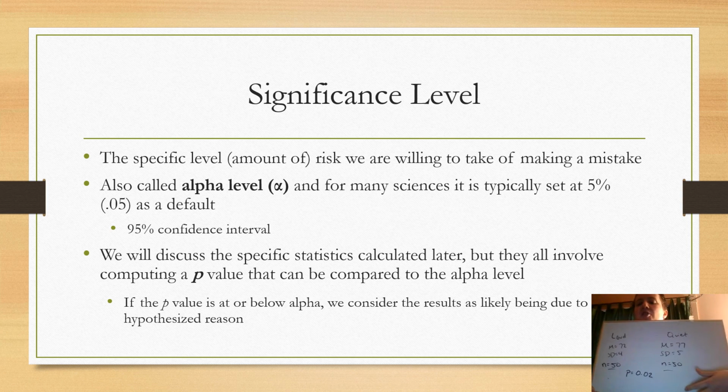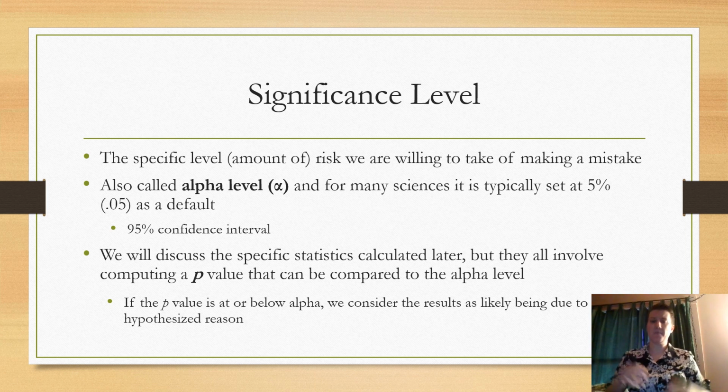There's a 2% chance that we would get these results if these two populations tested the same way. However, like I said, we use alpha to determine if we will retain or reject the null hypothesis.